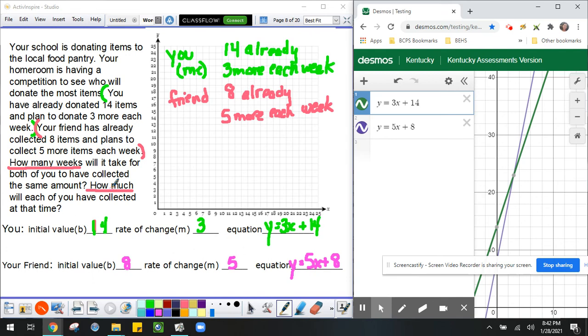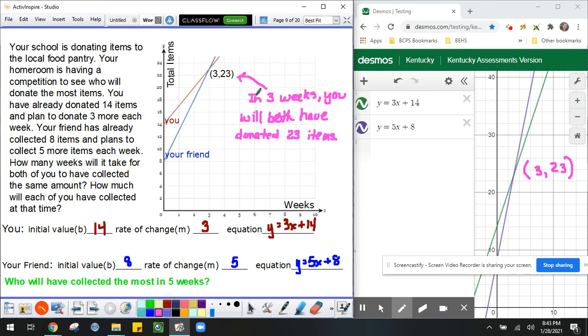Again, when the 2 lines cross at (3, 23) over here, that means, to answer my question over here, how many weeks is 3 weeks? How much will we have collected? 23 items each.